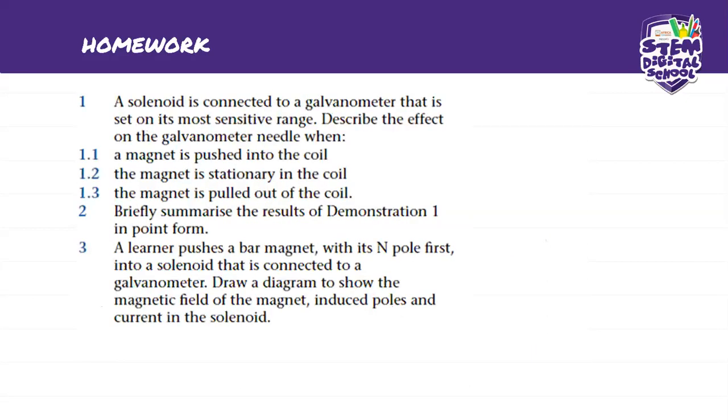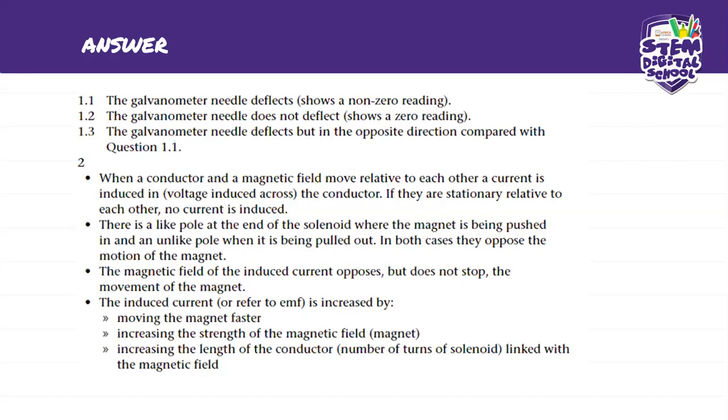So on number 3, it says a learner pushes a bar magnet with its end pole first into a solenoid that is connected to a galvanometer. Draw a diagram to show the magnetic field of the magnet, the induced poles, and the current in the solenoid. Okay, so let's go to that quickly.